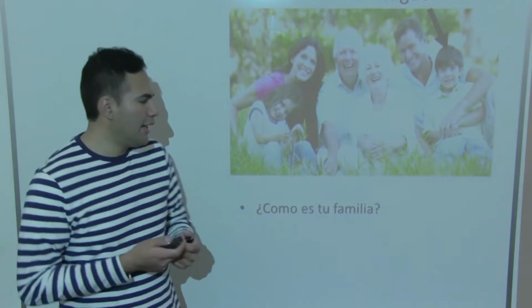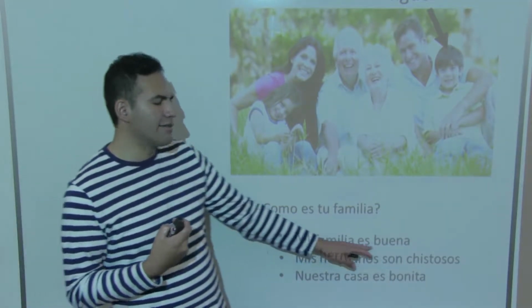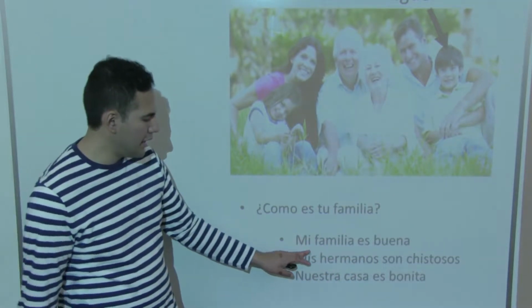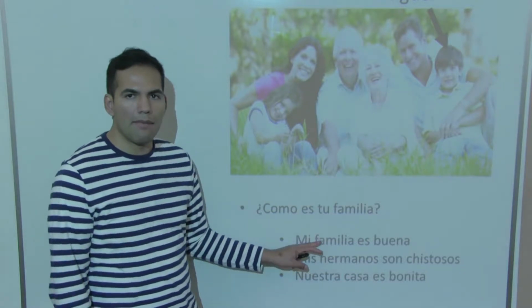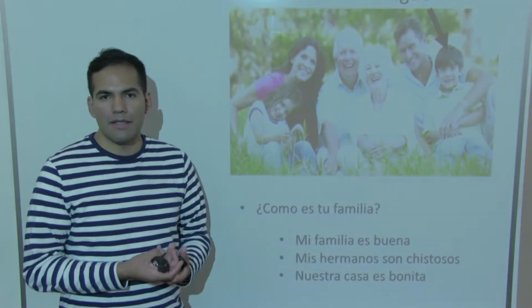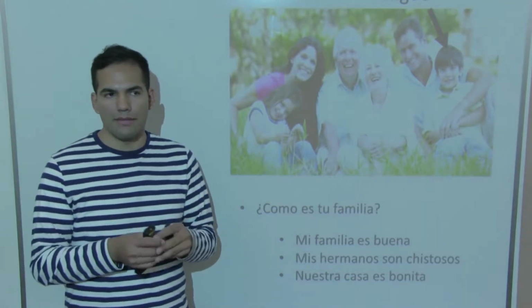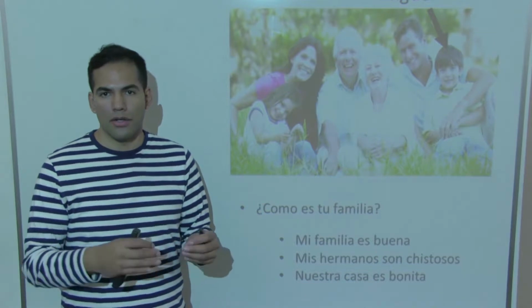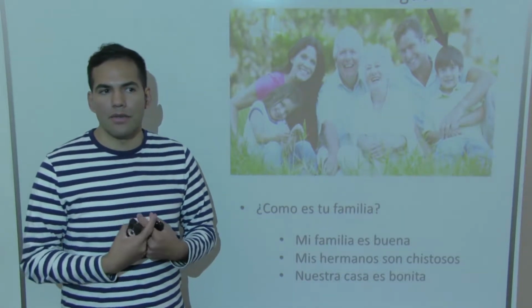Okay, so now these are the examples that I came up with. Mi familia es buena. So here I'm using the singular. Even though familia, or family, means more than one person, it's a group word, which means that although it talks about different people in the group, the word is going to be singular.